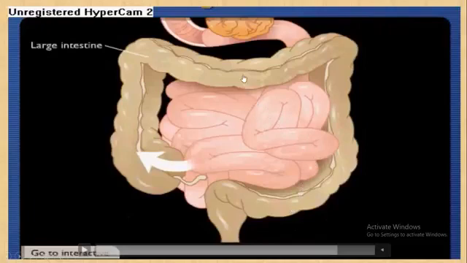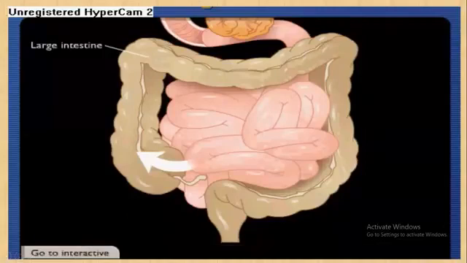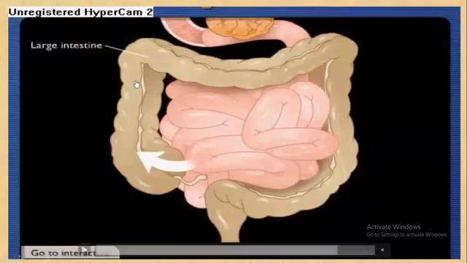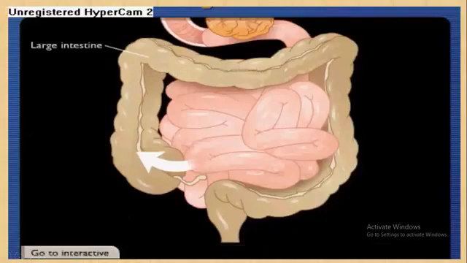So in the large intestine, especially no digestion occurs, but there are some nutritional activities: the water and minerals of the non-digested food are absorbed here, and also the formation of stool occurs.